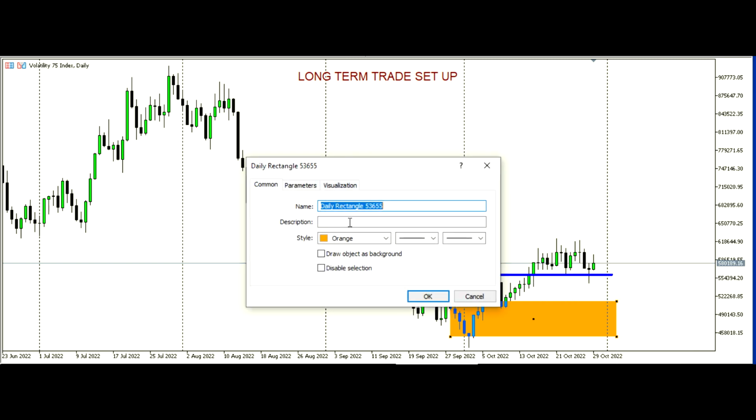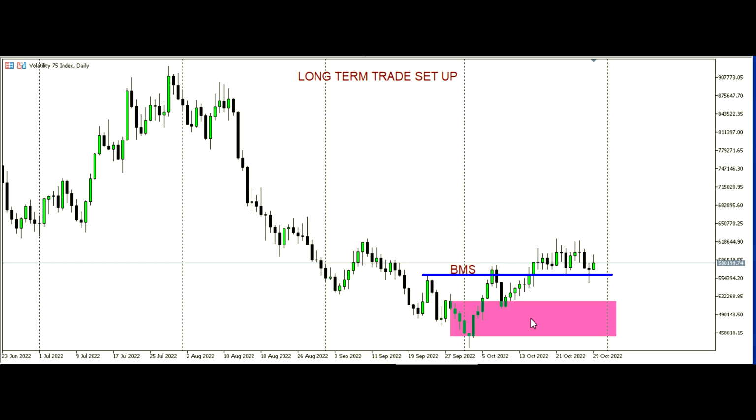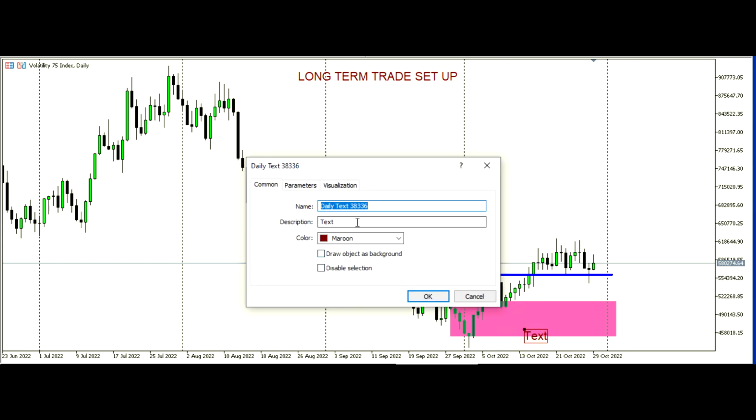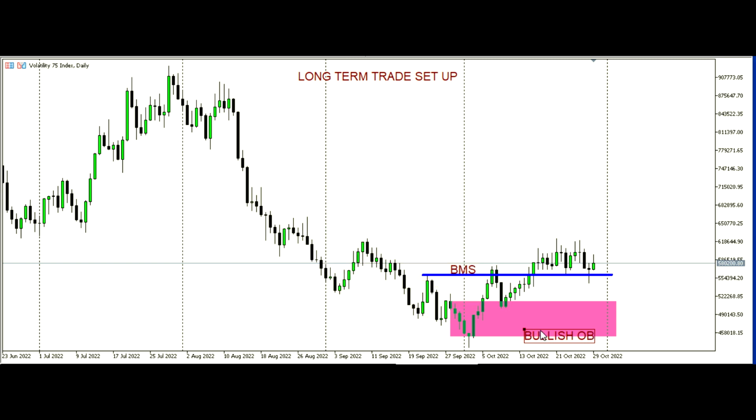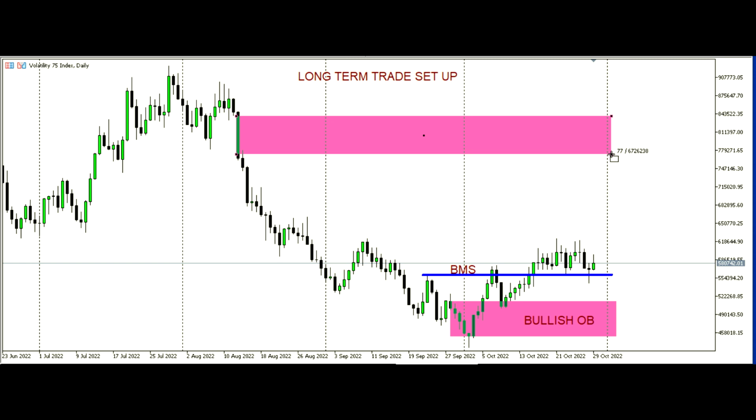You have been given a chart. What do you do? All the annotations I'm putting, I would definitely have to explain. I will quickly explain every single thing that I'm putting on the chart here.